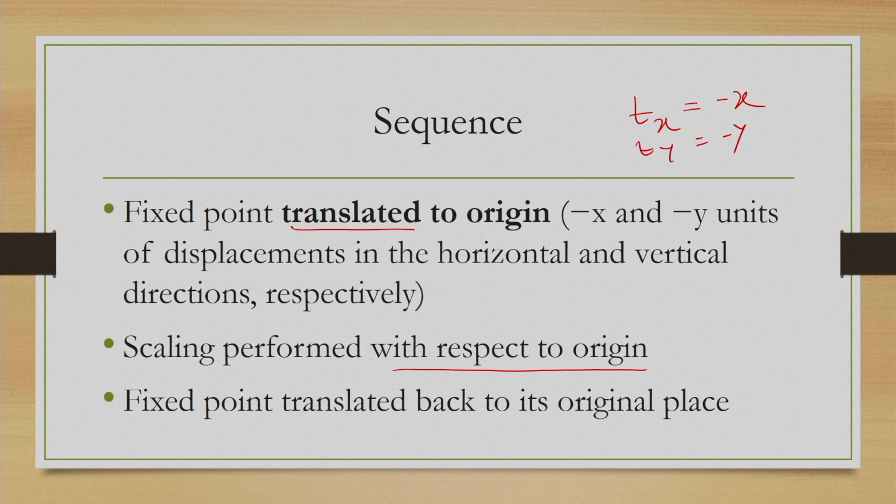So, our scaling matrix is defined with respect to origin. So, we first brought, in a conceptual way, the fixed point to origin, then performed scaling, and then the fixed point is translated back to its original place. Now, T x becomes x and T y becomes y, the reverse translation.